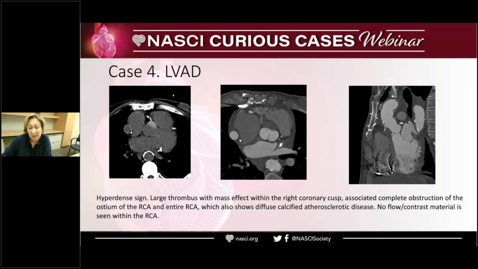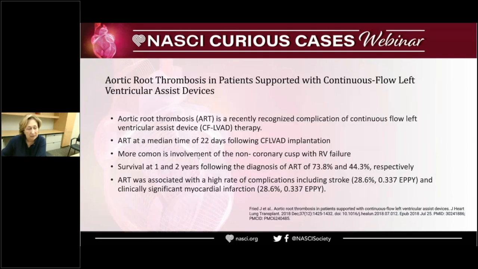So this is a case of thrombosis of the aortic root, as we sometimes, though pretty rarely, see in left ventricular assist devices. This case is a representation of aortic root thrombosis in patients supported with continuous flow LVADs.